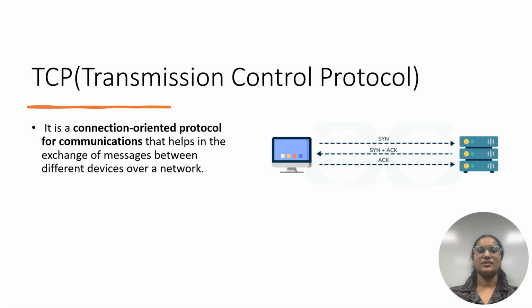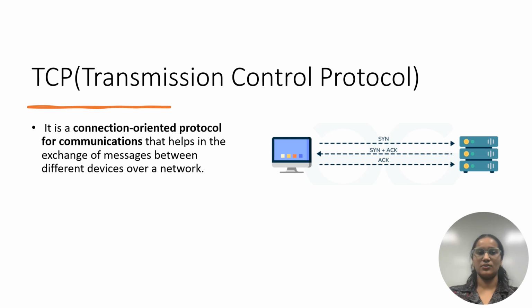What is TCP? TCP is the Transmission Control Protocol, which is also known as a connection-oriented protocol, used for reliable data transmission across the internet. It ensures that data sent from one device arrives at its destination intact, in the correct order, and without errors.